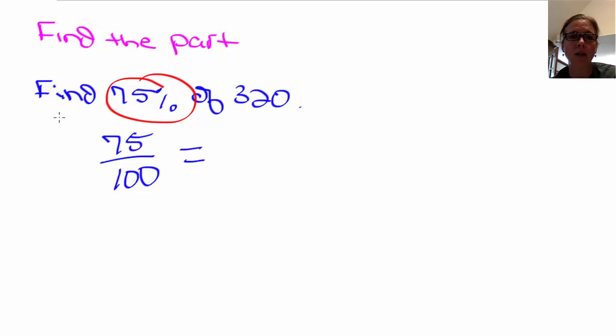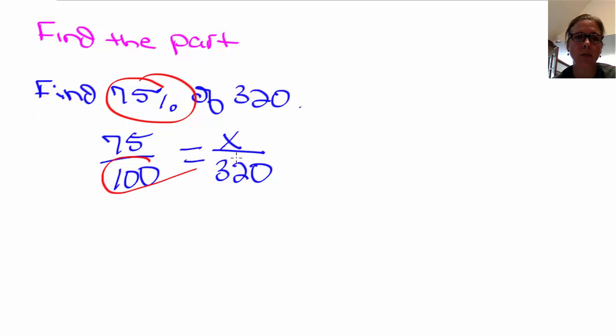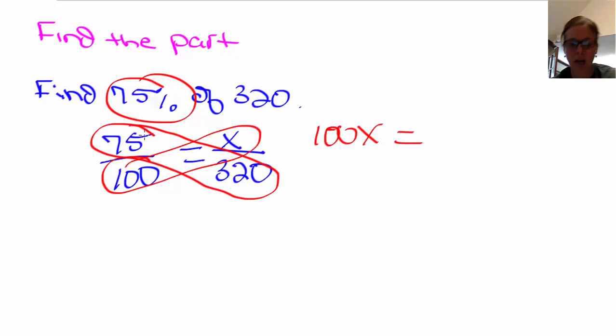so finding the part. So find 75% of 320. So we're looking for the part. We're given the whole. We're looking for this part. And before when I said is and of, normally whatever number is after the of will go in the bottom there. Okay, so then we just cross multiply and solve. So we have 100x equals 75 times 320, which is, oh, I'm looking at the wrong one.